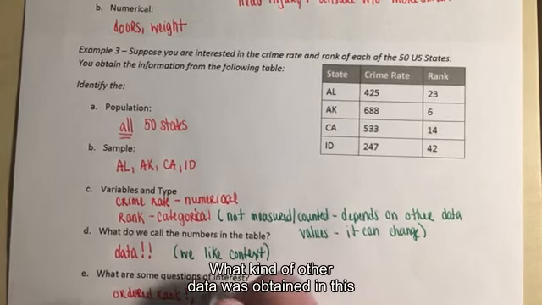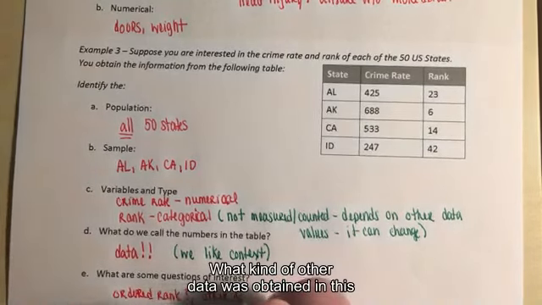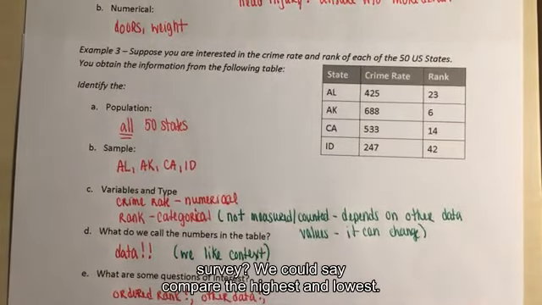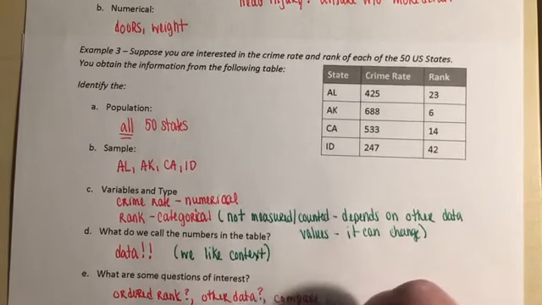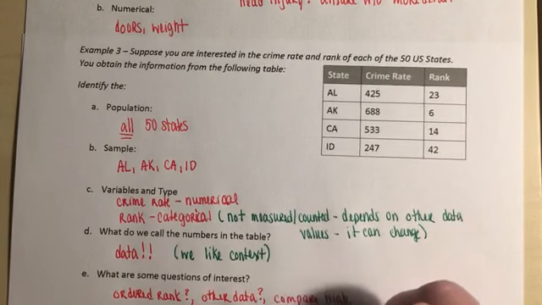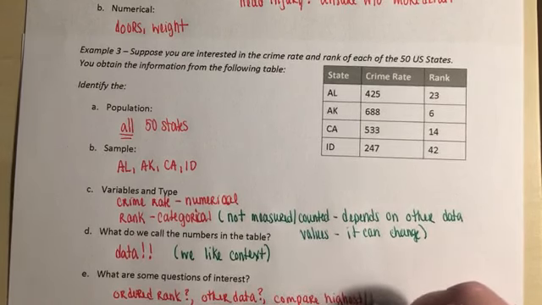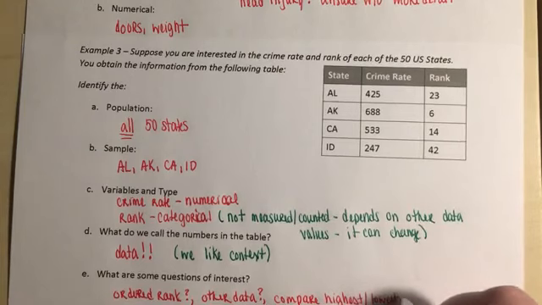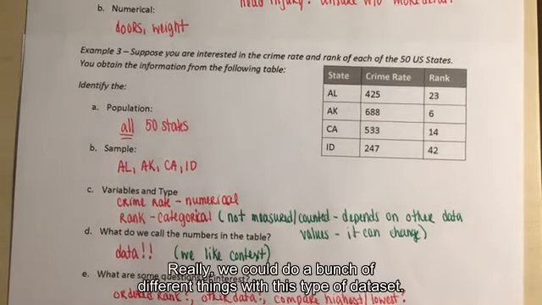What kind of other data was obtained in the survey? We could compare the highest and lowest. Really, we could do a bunch of different things with this type of data set.